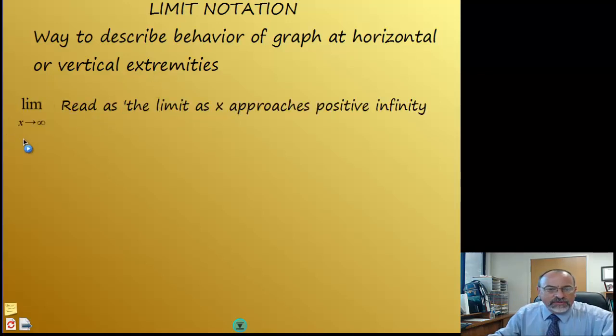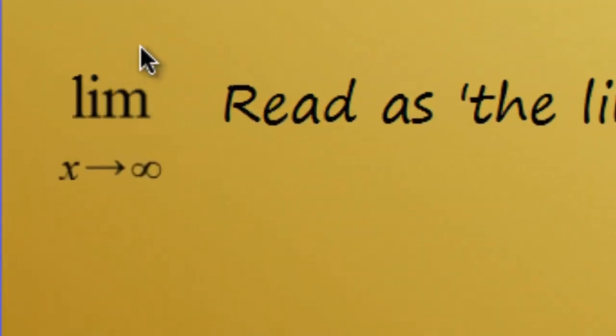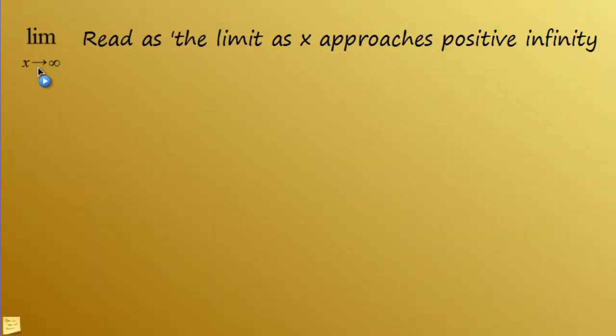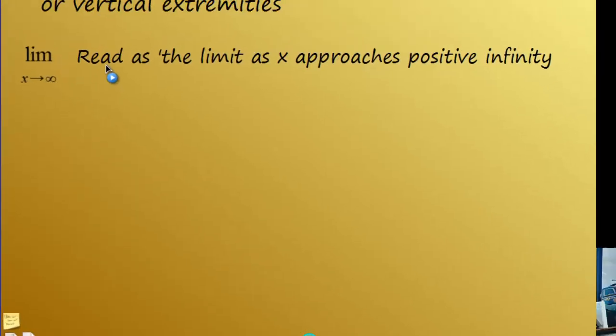Now I want you to take special note of this notation. You read this as the limit as x approaches positive infinity. This is called limit notation, and it's describing what happens to the graph, what is the limit to that graph as the x values get higher and higher and go up toward the positive end of the graph.